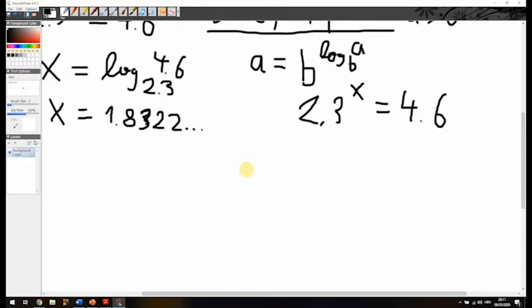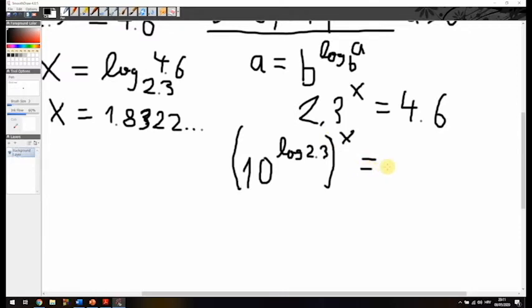So I'll have 10 to the power of logarithm in base 10, so I won't write that down, of 2.3, but this is just 2.3, so I have to write down this x also, so all that to the power of x equals 10 to the power of logarithm in base 10 of 4.6.